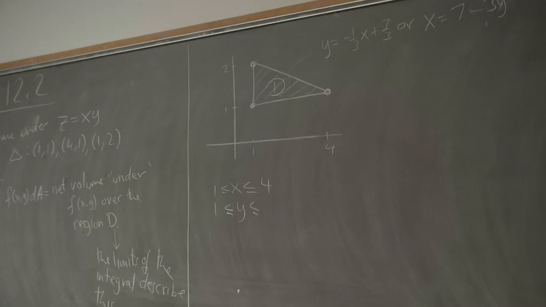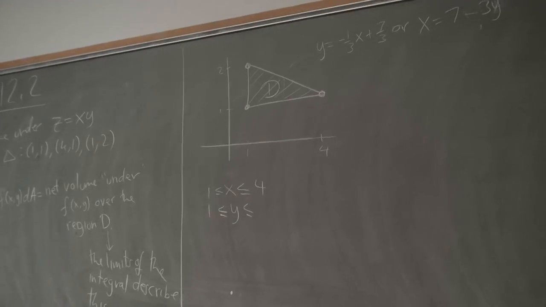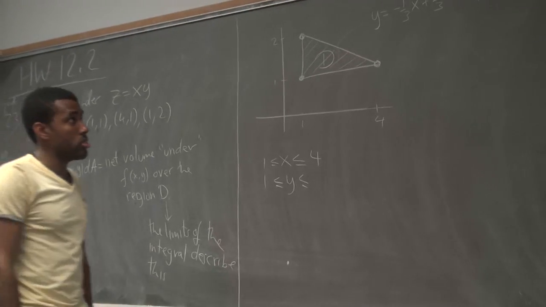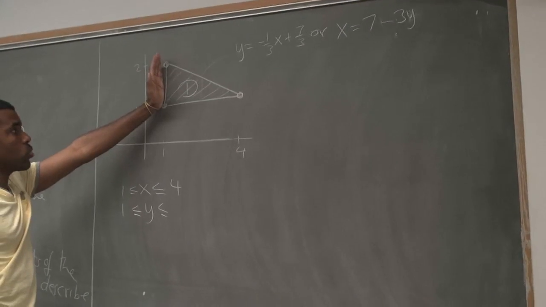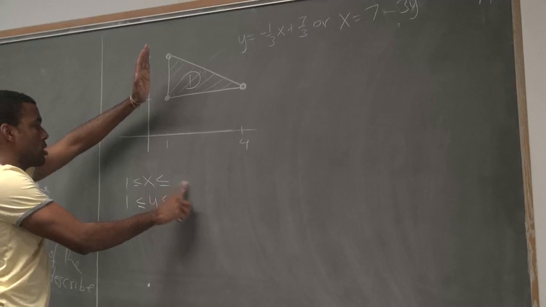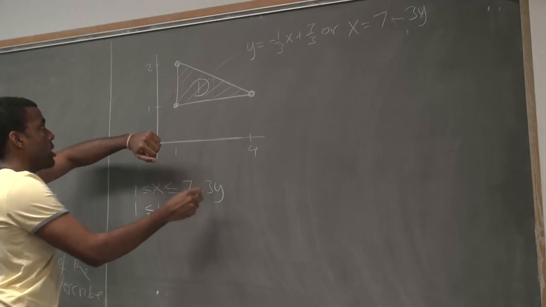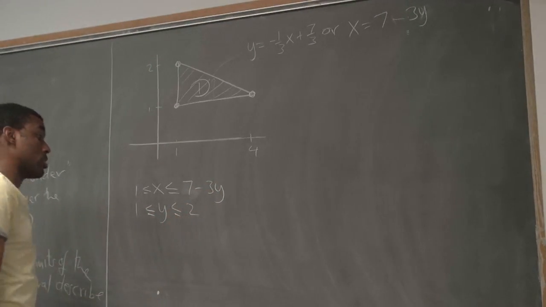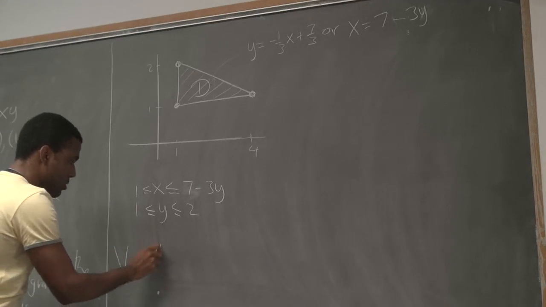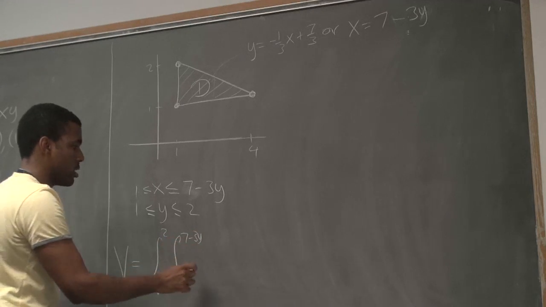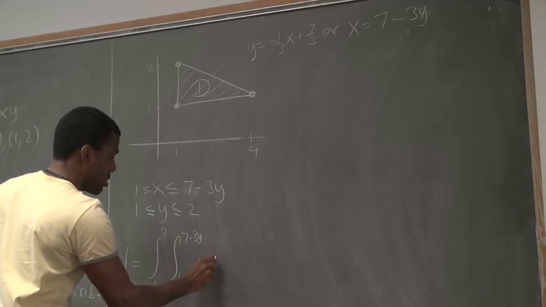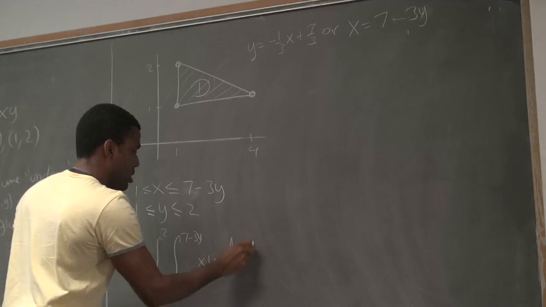Okay, so which one would you try to set up? I'd probably go with the one that doesn't give me fractions, but maybe that's just a personal choice. So you could also actually let the x go between functions if you wanted. So you can say x goes from 1 on the left to 7 minus 3y on the right, and then y goes from 1 up to 2. So I could have done that. The volume is going to be given by the integral from 1 up to 2, 1 up to 7 minus 3y of xy dx dy.